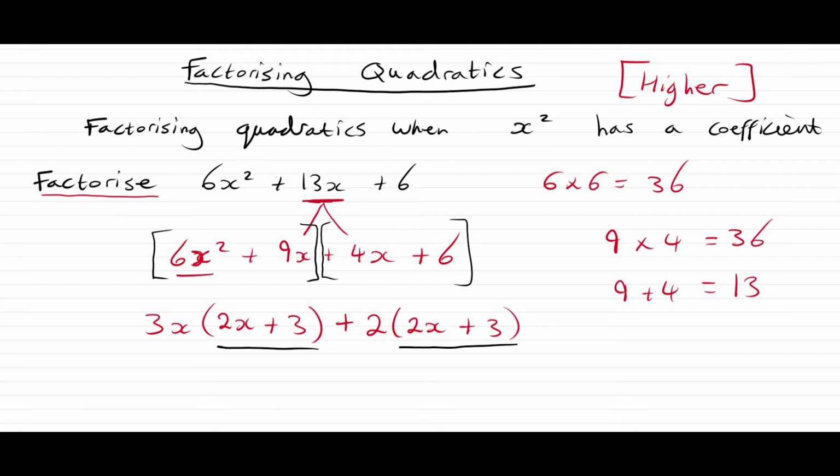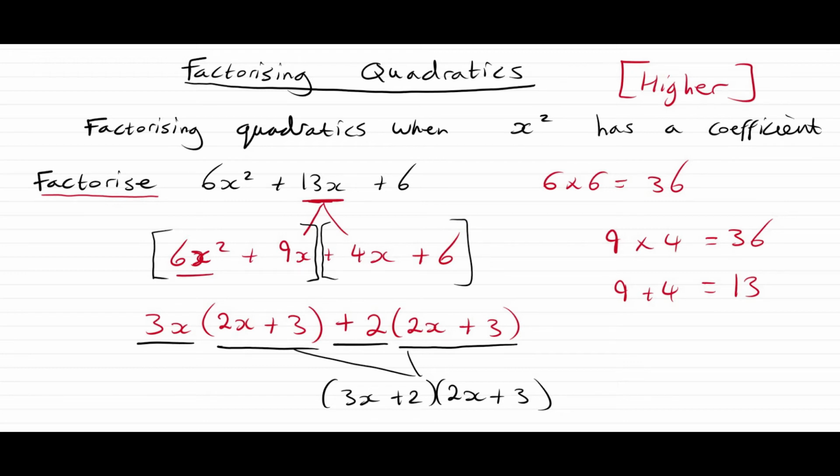So we group that into 2x plus 3 for one of our brackets. Our other bracket will be the 3x and the plus 2 combined, so 3x plus 2.